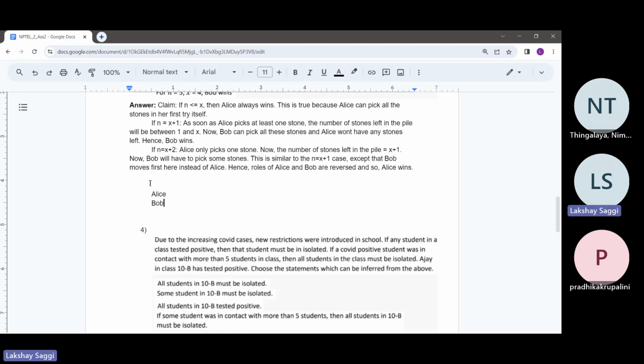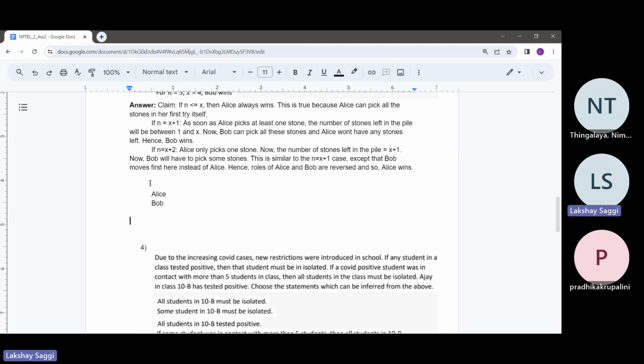They are playing a turn-based game where first Alice moves, then Bob moves, then Alice moves, then Bob moves, and again Alice moves, and so on. So the moving order is basically A B A B A B A B. I'll just write that. So they move in this way.